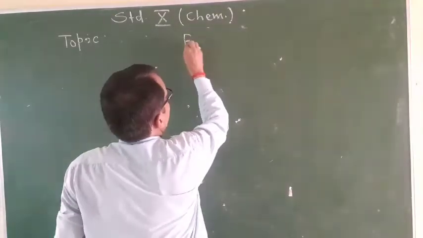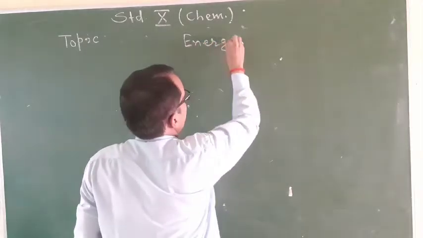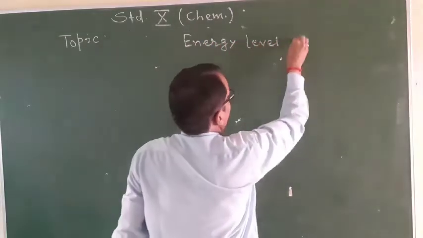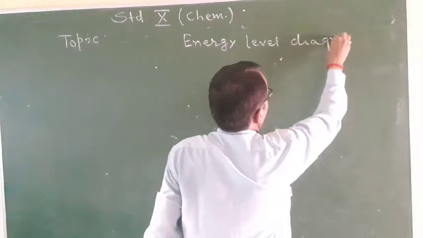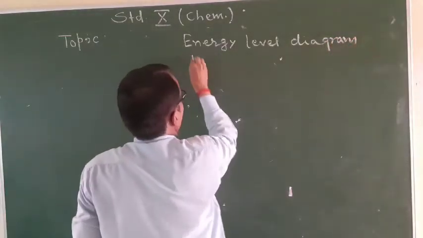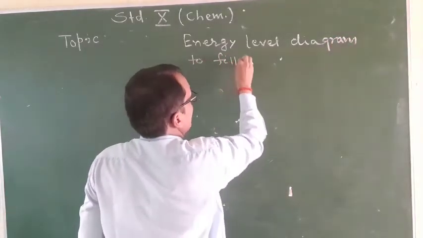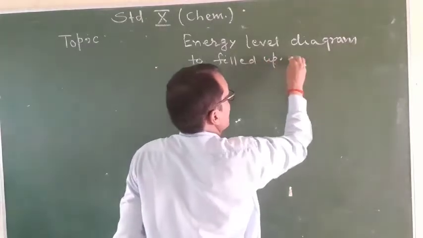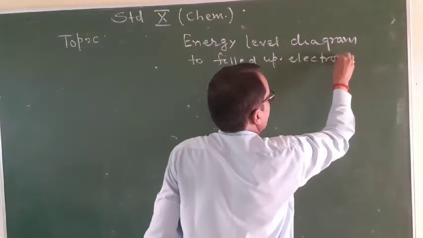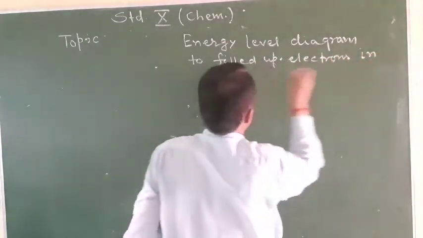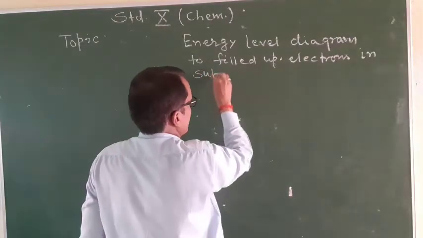So this is the energy level diagram, to fill up electrons. Where? In subcells.